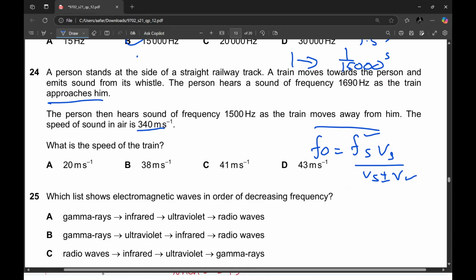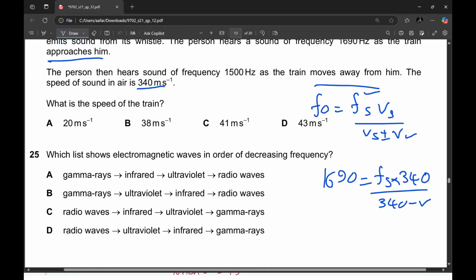We need to find V. When it's approaching him, it will be minus, right? So Fs times 340 over 340 minus V. So we get 574,600 minus 1690 V equal to 340 Fs.